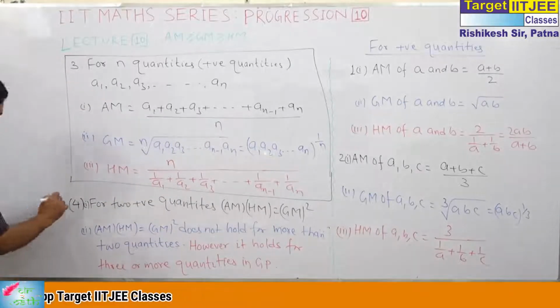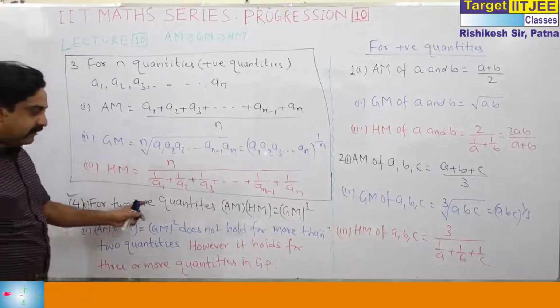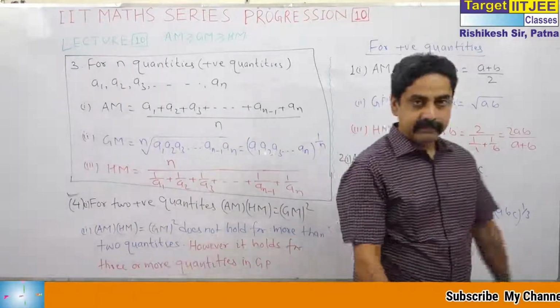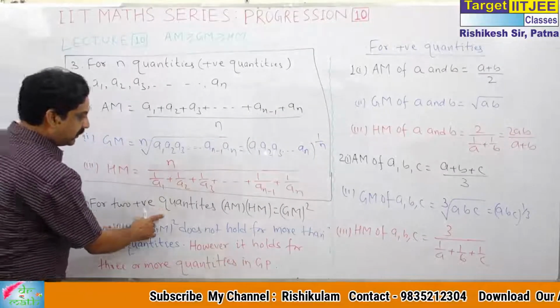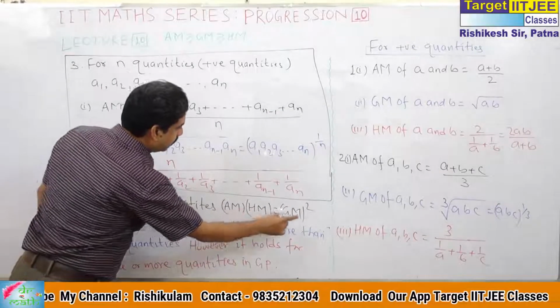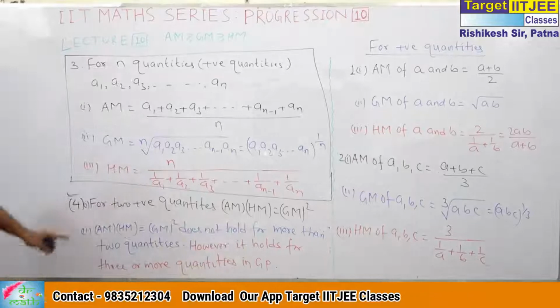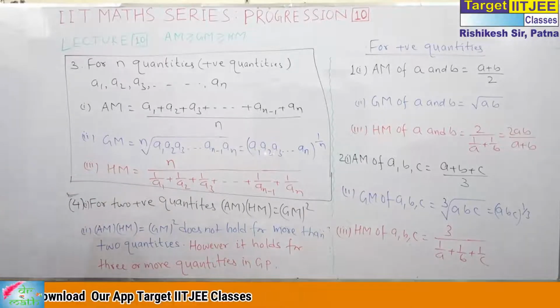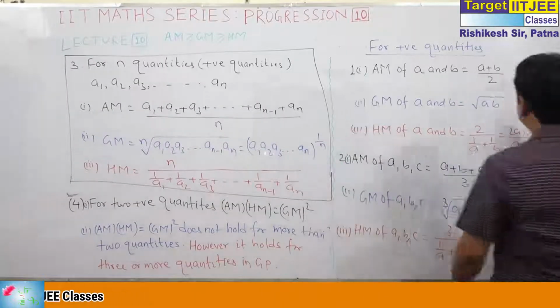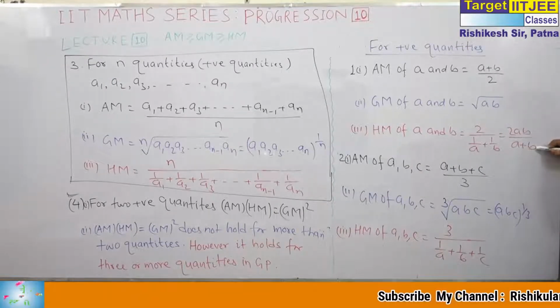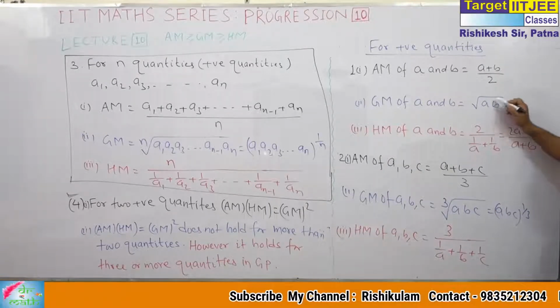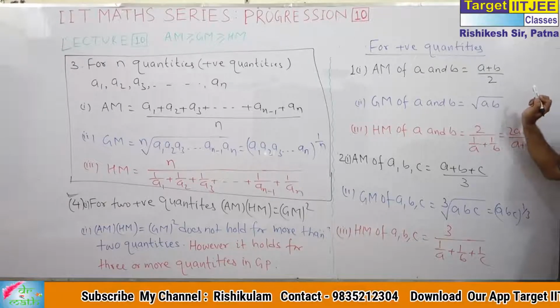And finally, this is the point. About this I will discuss nothing in this class, but let me recall. For two positive quantities, arithmetic mean into harmonic mean is geometric mean squared. When you multiply (a plus b) by 2 and 2 by (a plus b), they cancel each other. The product is ab, which is the square of root ab.